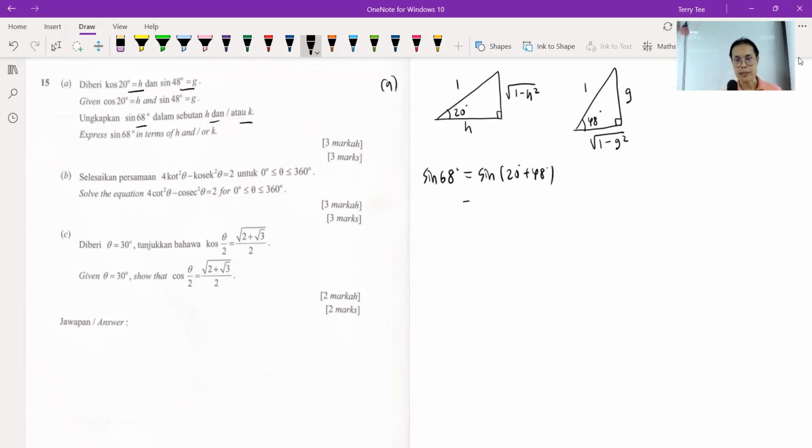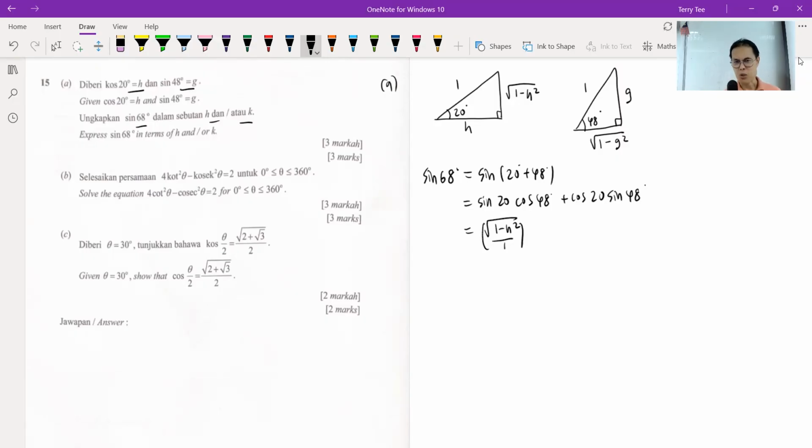Okay, so when we expand, this is sine 20 cos 48 plus cos 20 sine 48, sine cos, cos sine. Okay, what is sine 20? Well, we can refer to the triangle. Sine is a ratio of opposite over hypotenuse.